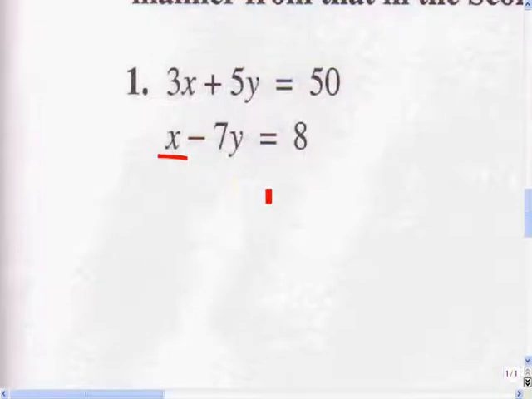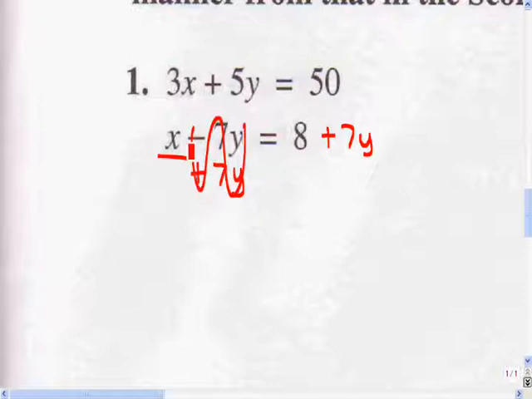For me to use the substitution method, I've got to isolate x. In other words, I've got to move the 7y over to the other side of the equal sign. I'm going to add 7y to this side. Remember, what you do to one side of the equal sign, you have to do to the other. I added 7y because negative 7y plus 7y equals 0, which gets rid of the negative 7y on the left side.